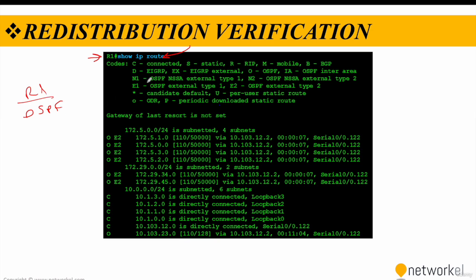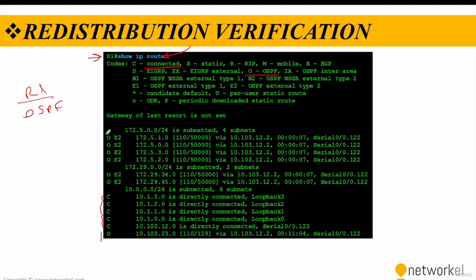All right, so when I type the show ip route command on router 1, I am seeing some C routes, which means they are the connected ones that this router is already aware of. I see O routes, which means they are OSPF routes advertised from other peers.